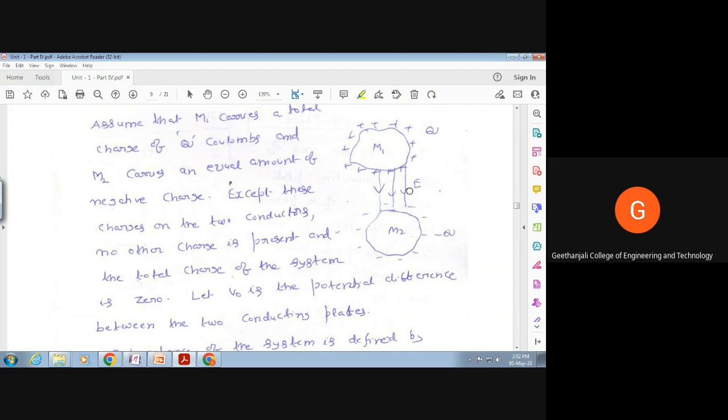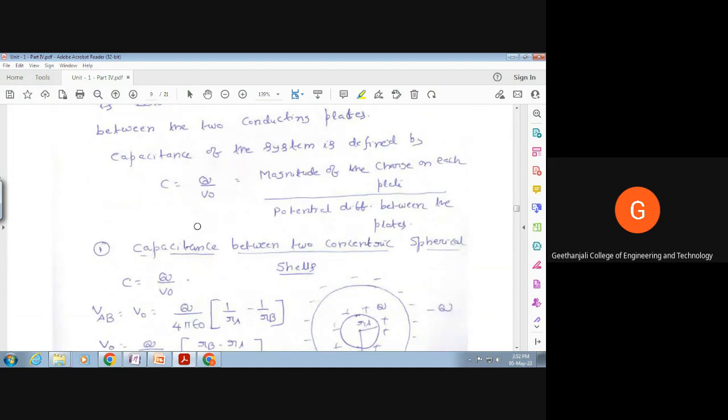The work done to move 1 coulomb of positive charge is nothing but the potential difference. Let that potential difference between M1 and M2 be defined as V0, which is the work done to move 1 coulomb of positive charge from M2 to M1 against the electric field. So the capacitance of the system is Q by V0: the magnitude of the charge on each conductor divided by the potential difference V0.